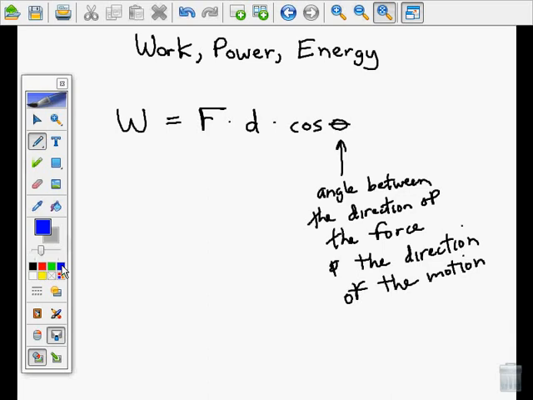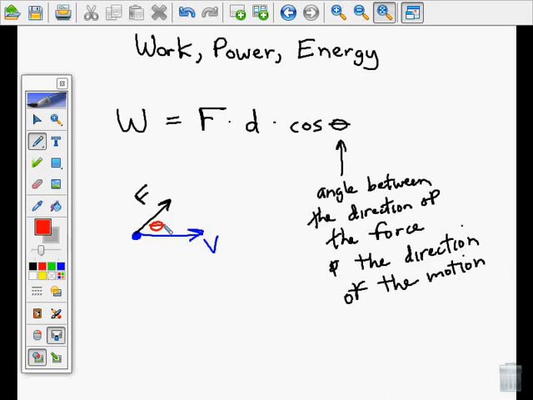So if you have an object and the object is moving this way, that's the direction of its velocity, and there's some force acting over this way, theta is the angle between the force and the direction that the object is moving.